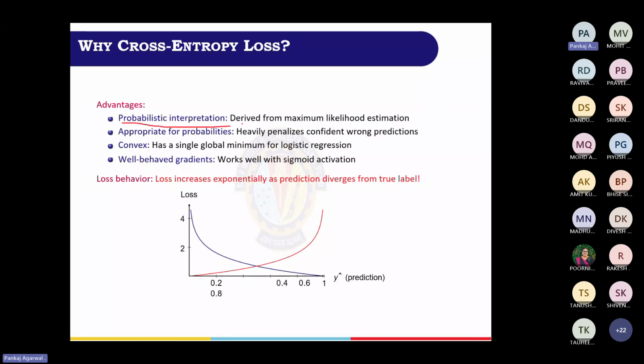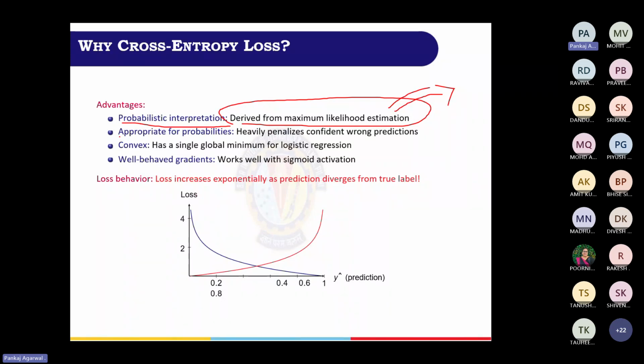It is derived from maximum likelihood estimation. I would try to cover one beautiful example on maximum likelihood estimation. This PPT does not contain that, but I will cover it in the form of a numerical example as well, right?